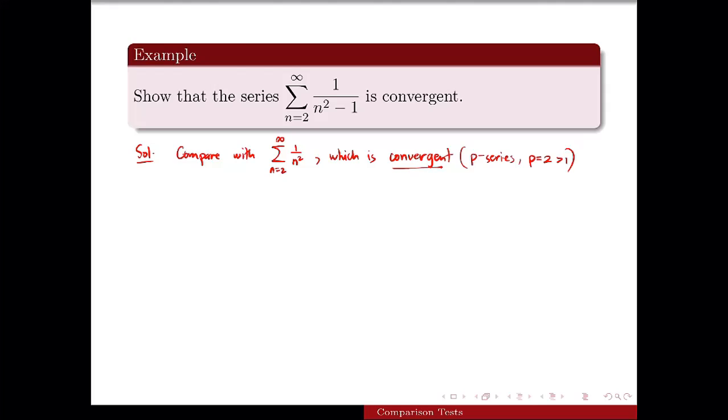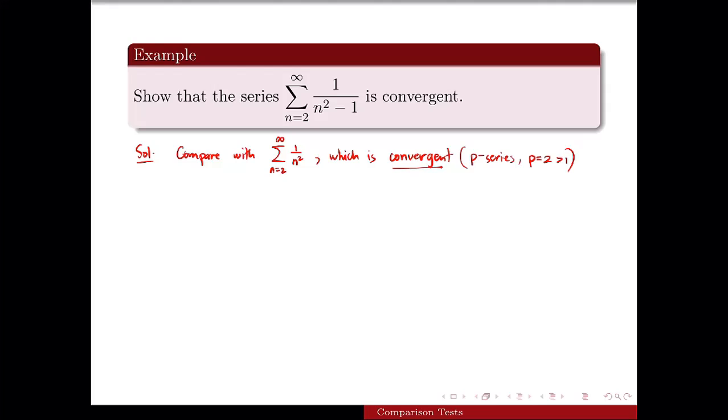Take note when you say something is convergent or divergent, you have to state the reason. That's why in every solution that you will see from me in these topics on series, you always see I am giving the reason why.